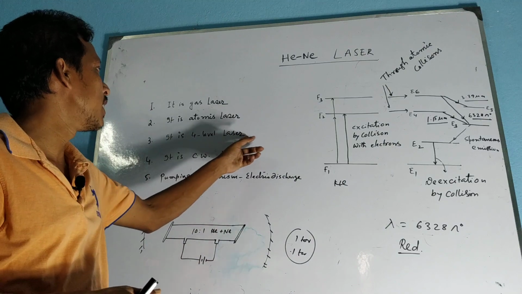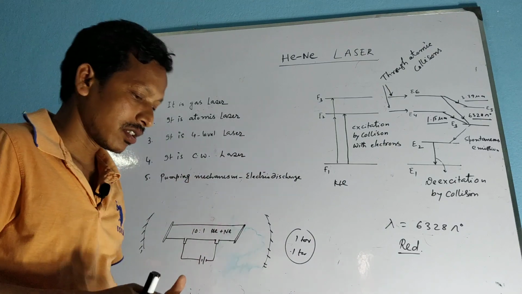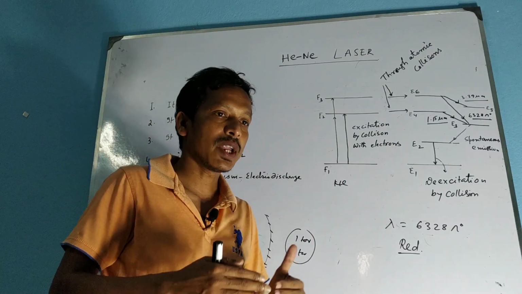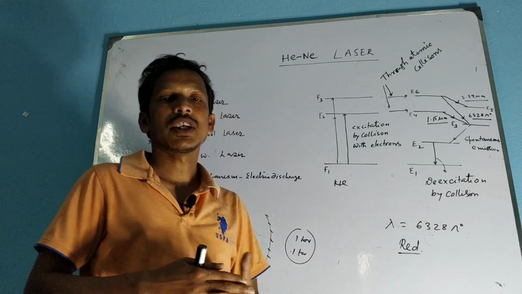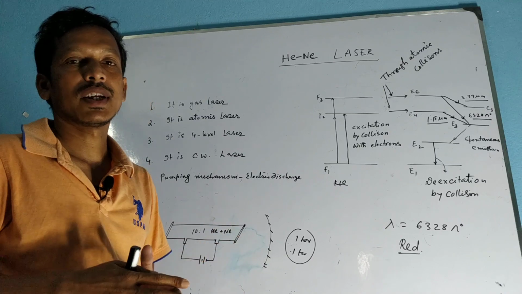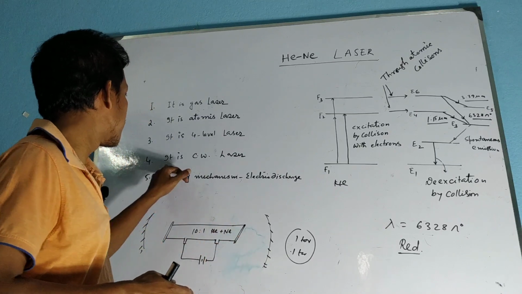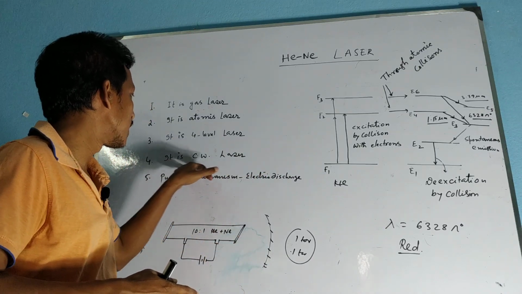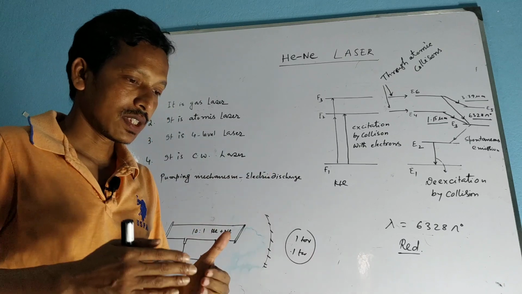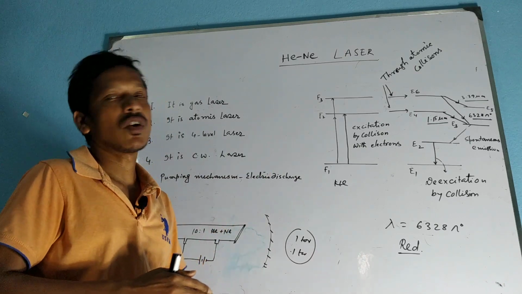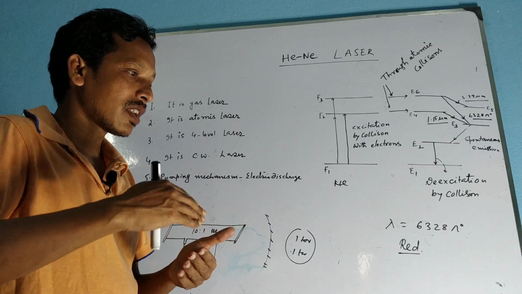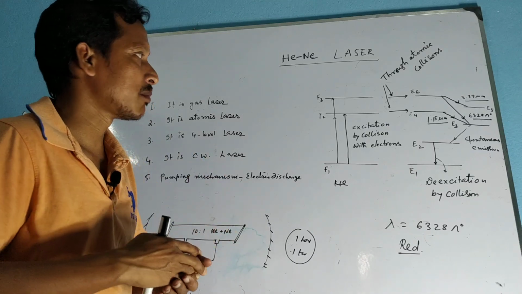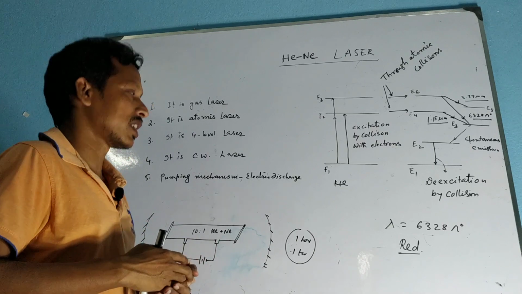It is a 4 level laser because 4 levels of the neon atoms are used for one complete lasing action, and it is a continuous wave laser because the last lasing level is not the ground state. So we can maintain continuous population inversion between the states.